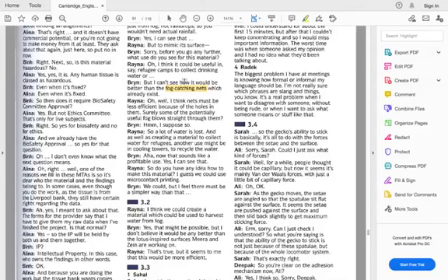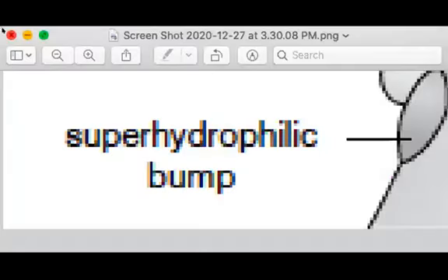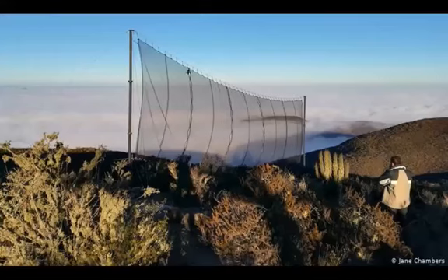Let's take this word, fog catching net. Here is an image for the fog catching nets. This is a fog catching net, right?